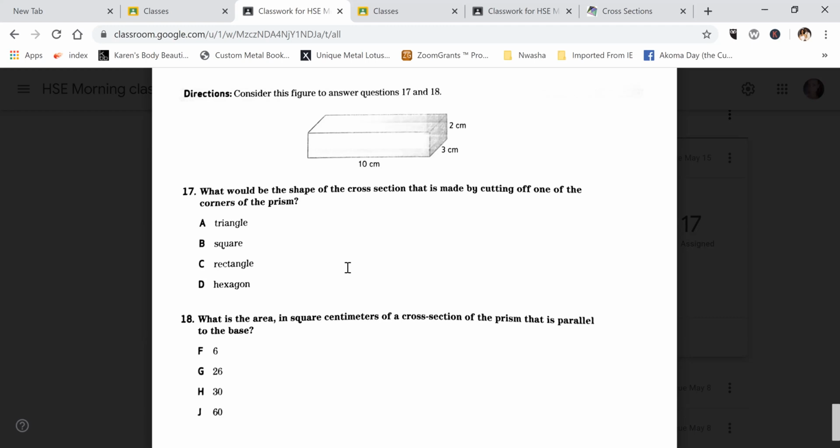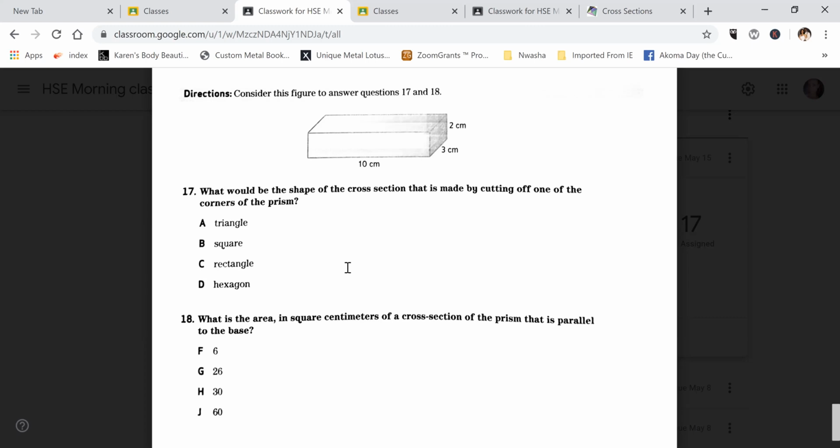It'd be 30, right? So now this is still you holding the shape in your imagination and the numbers are not large. You don't need a calculator for one like this. This one is just about, do you know the word parallel? Now, the reason why 6 is there is because if you're thinking I should take the 2 and the 3 and cut that slice as a cross section, then the area of that cross section is going to be 6.